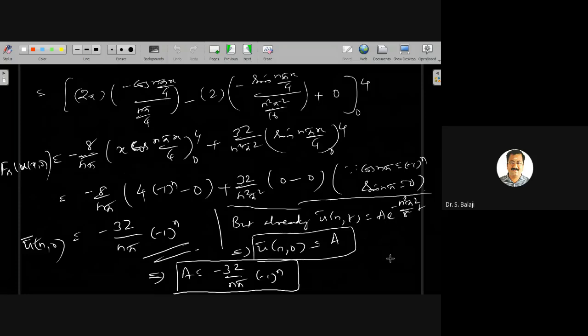The same procedure we did in yesterday's problem, but for finite length instead of infinity. This is also u bar n comma 0, that is equal to a.